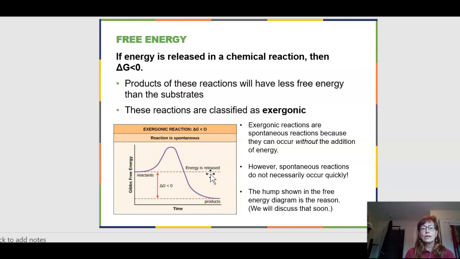Now, this is talking about spontaneity, spontaneous reactions. That kind of makes sense to us if we think about something happening quickly, where we don't have to do anything. So a spontaneous reaction is generally one that will happen over time with or without any push.